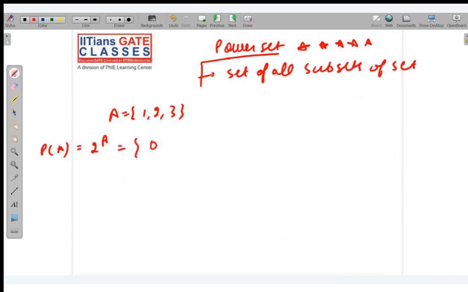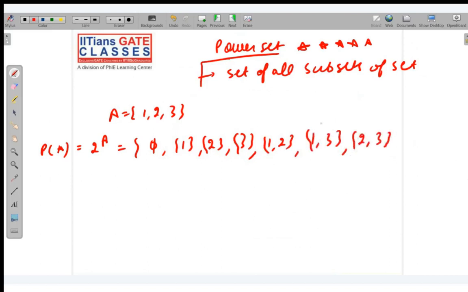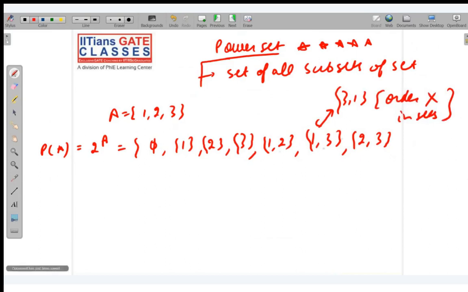Phi is a subset of every set, so first of all you will write phi. Then subsets of size 1, then size 2, then size 3. You pick 2: {1,2}, {1,3}, {2,3}. And in a set, order does not matter. Please do not say {3,1} is different; {1,3} and {3,1} are the same, because order does not matter in sets.